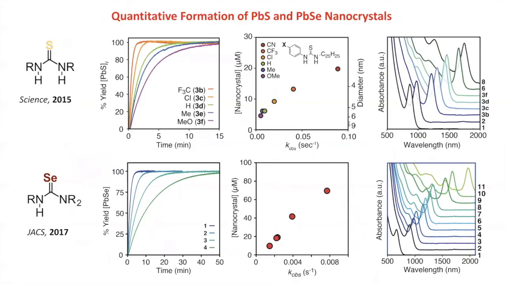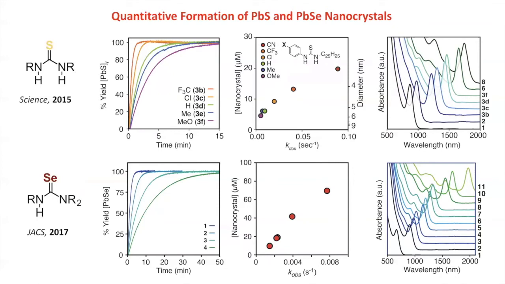Okay, now we've also demonstrated the same principle using a class of selenium-containing ureas. And generally speaking, carbon-selenium bonds are weaker than carbon-sulfur bonds. And so you need to use precursors that have 3 substituents on the nitrogen instead of 2 to get the kinetics right.